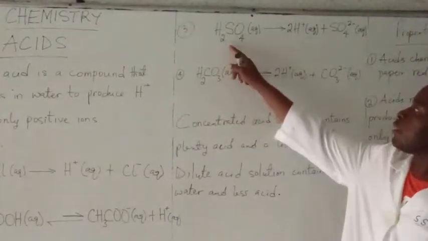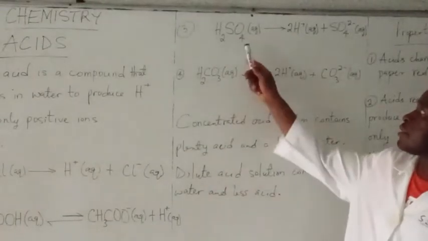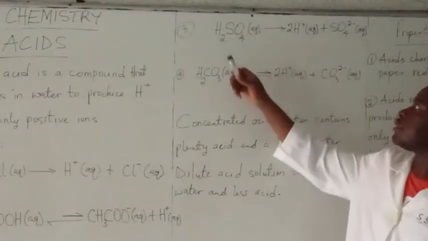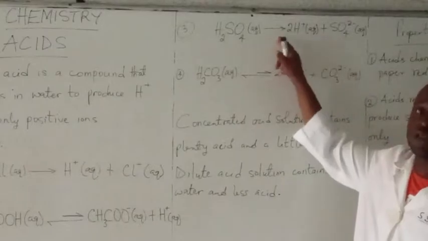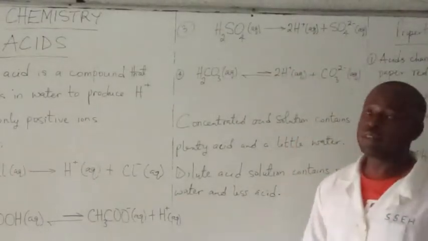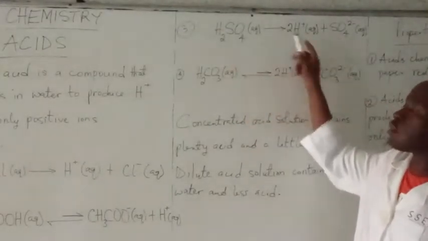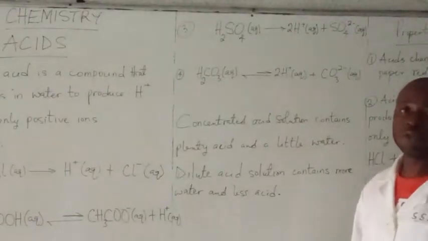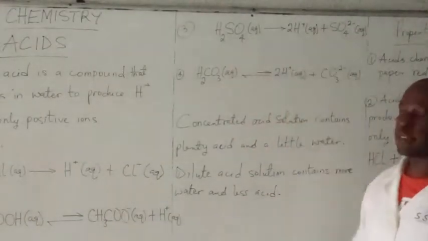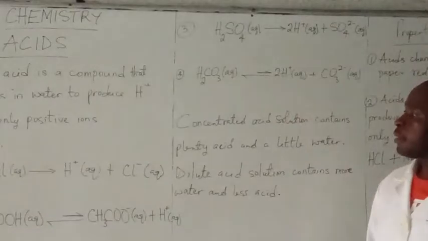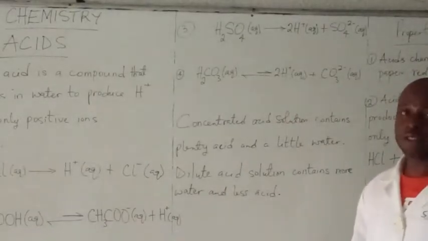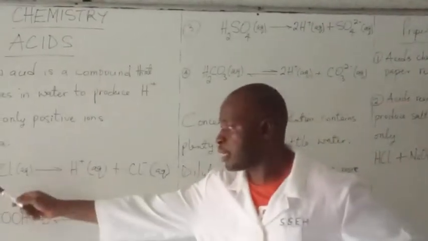What about this one? Tetraoxosulfate 6 acid. Did I put 2 lines here? Are you seeing 2 lines here? No. That means it ionizes completely in solution. So it is a strong acid. As you can see, HCl, that's example 1, is another strong acid.